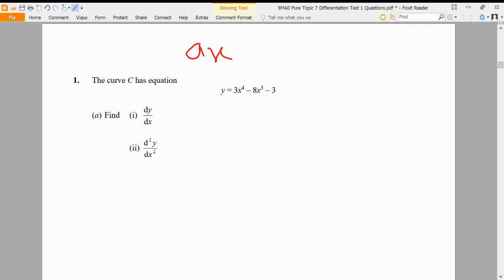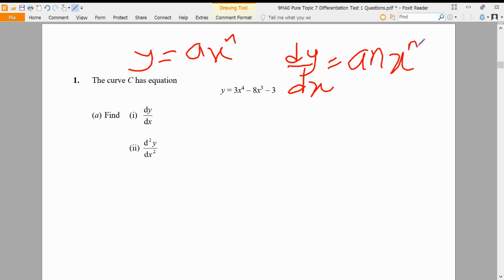Now, let's not forget that when you have y equals ax raised to the power n, your dy/dx is equal to n times a times x raised to the power n minus 1. So this is the formula you're going to use. So this is a polynomial, so this is pretty simple.